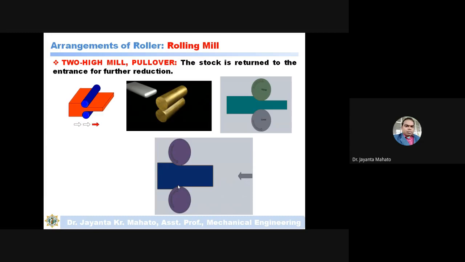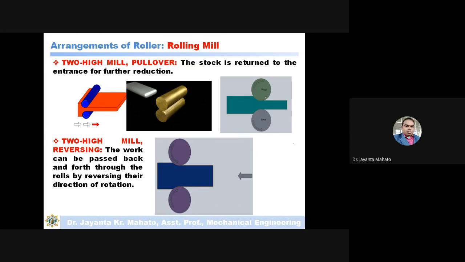Now, different types of arrangements of rolls. According to the arrangement of rolls, the rolling process is classified into different types. If only two rollers are there, it is called a two high rolling mill.